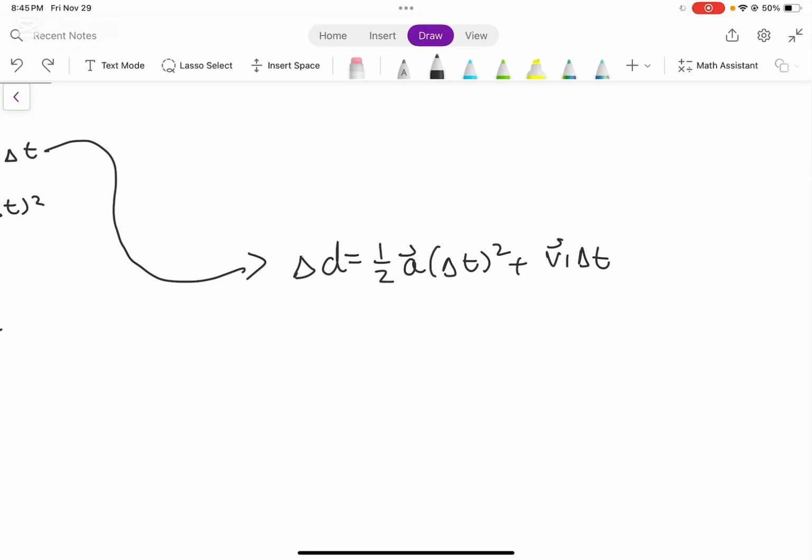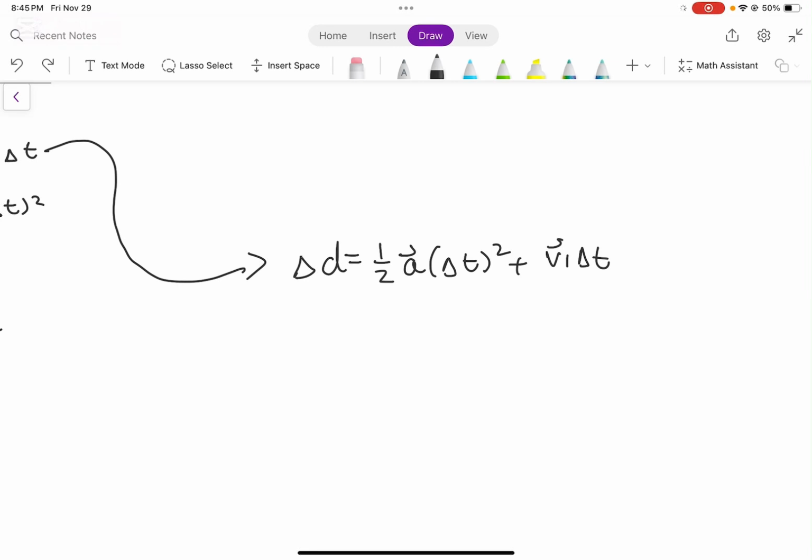And you'll be lucky and you won't have to use a quadratic formula. But sometimes you won't be as fortunate and none of your terms here will drop out. If none of your terms drop out, oftentimes when you're looking for time, you might have to use the quadratic formula.